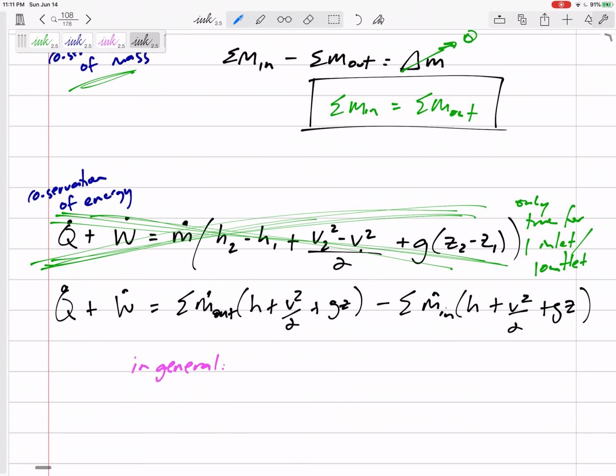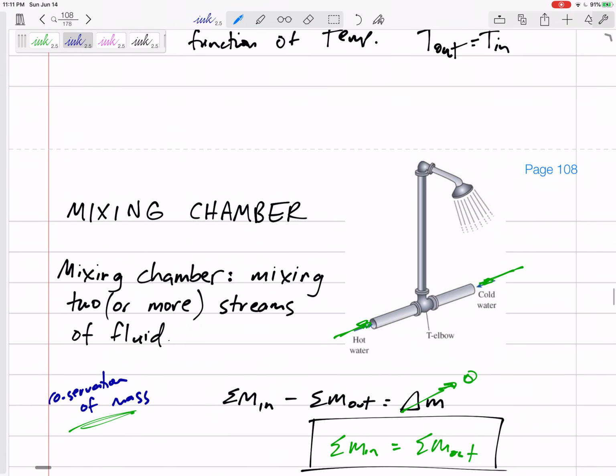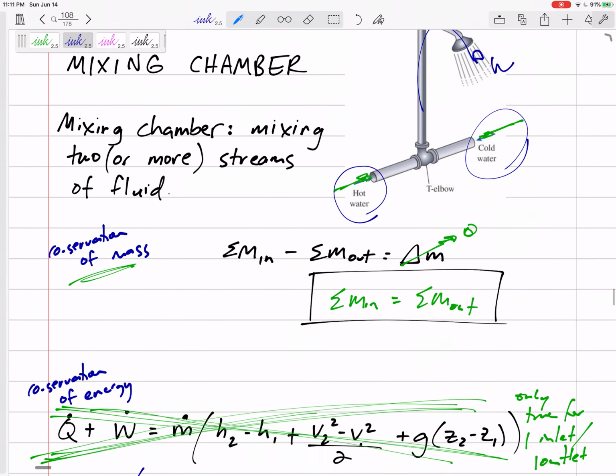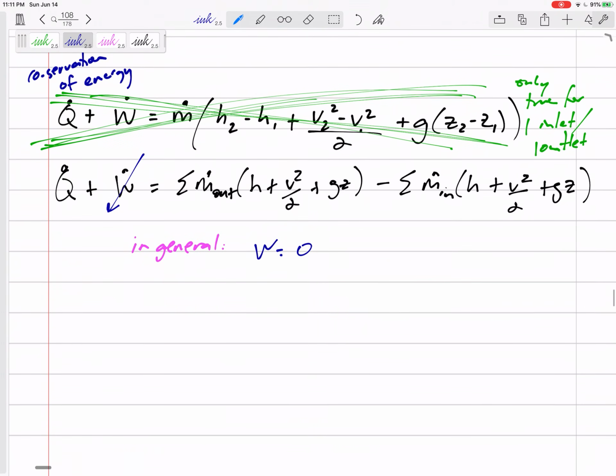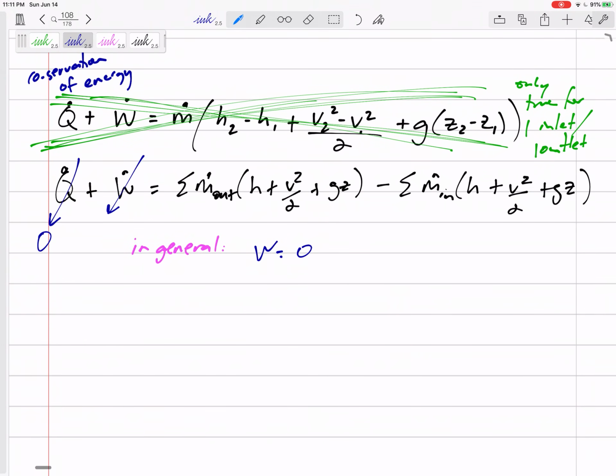Now, in general, W is 0. Q, heat transfer. It seems to me like heat transfer is a big part of this. We've got cold water and hot water coming in to make warm water. Isn't there a heat transfer? There is a heat transfer, but it is internal.